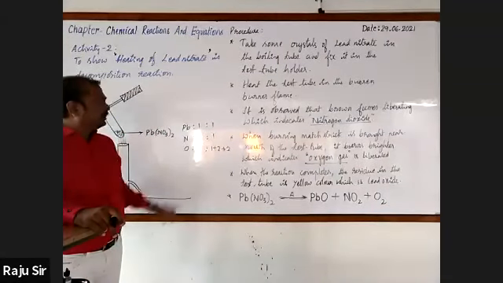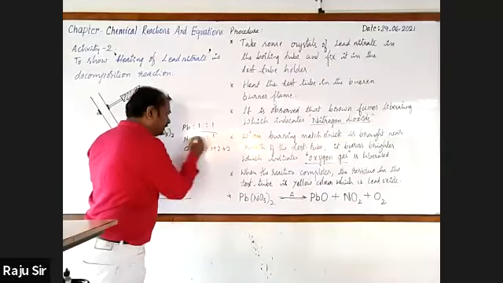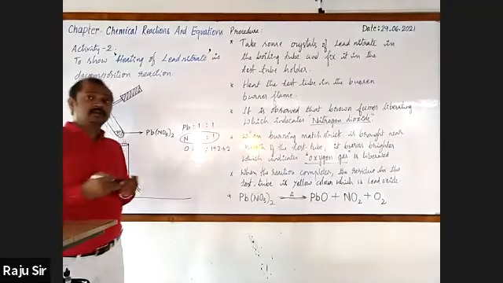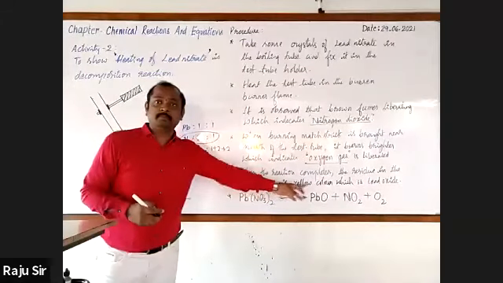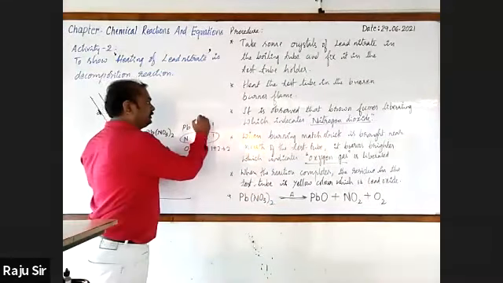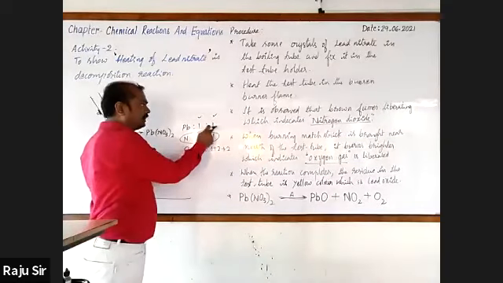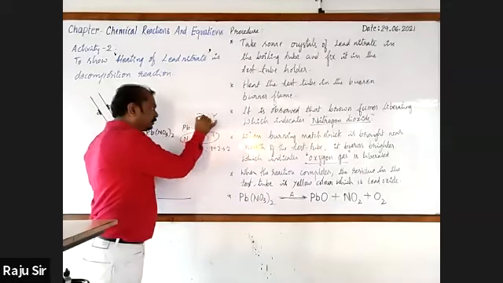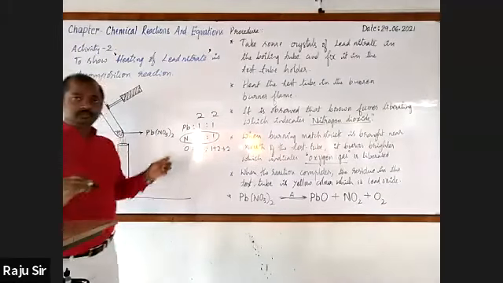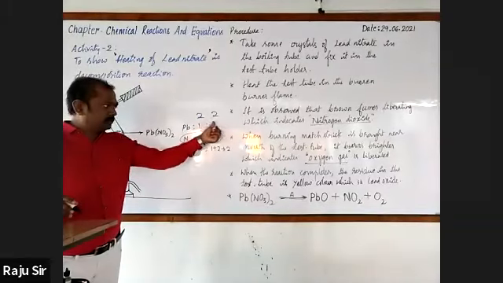Obviously, look here. When the nitrogen is being balanced, the other atoms are not being balanced. So that is why I'll go for taking lead only. Here, one atom of lead, one atom of lead. If I take 2, when I multiply both by 2, it will be 2 atoms and 2 atoms.